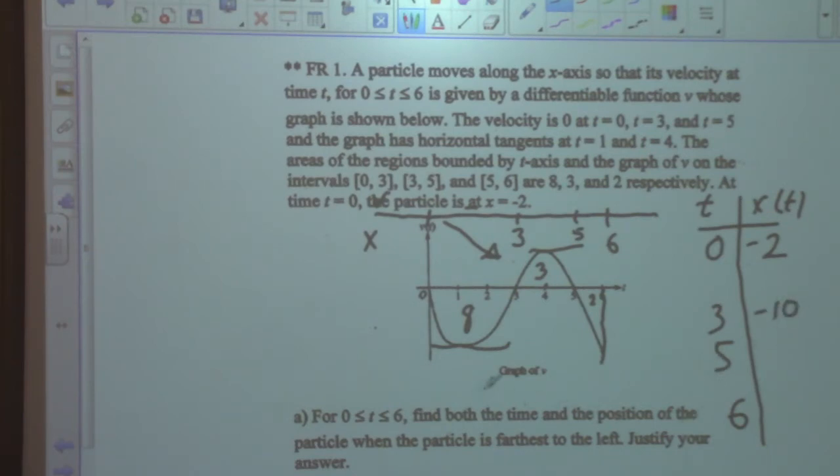Okay, next, between 3 and 5, is velocity positive or negative? Positive. And so where do we end up here at t equals 5?